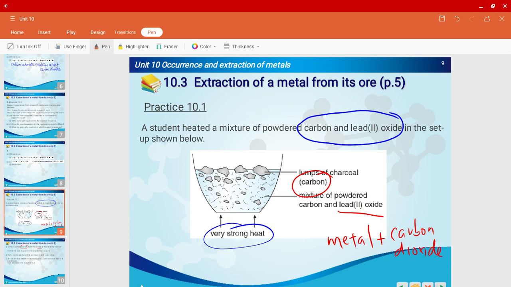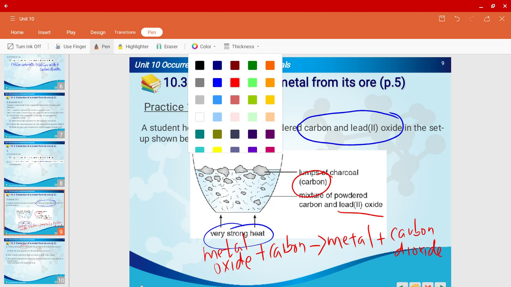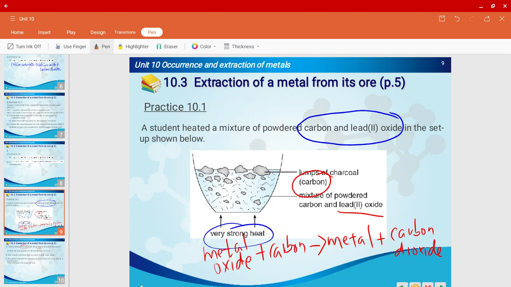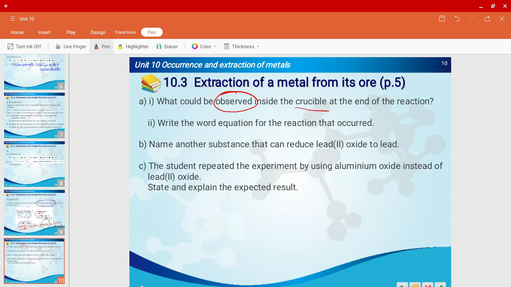At the end of the word equation, let me just write down the word equation again. Metal oxide plus carbon, you would get metal plus the carbon dioxide, right? So what do you observe at the end of the reaction? You would observe that there's a metal being formed, right? So what color is the metal? Lead. What color is lead? And metals tend to be shiny as well, right?